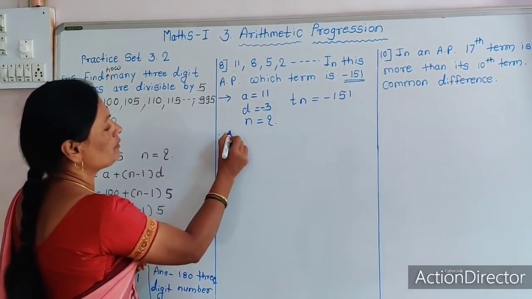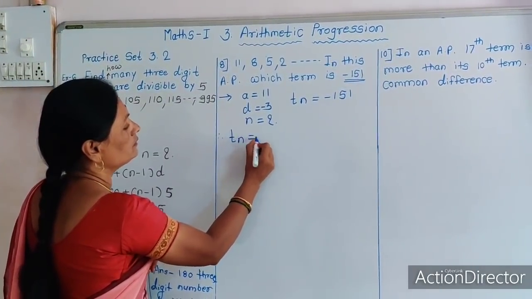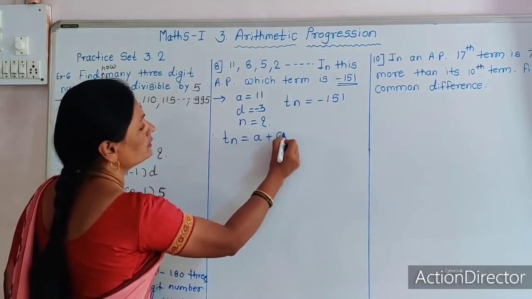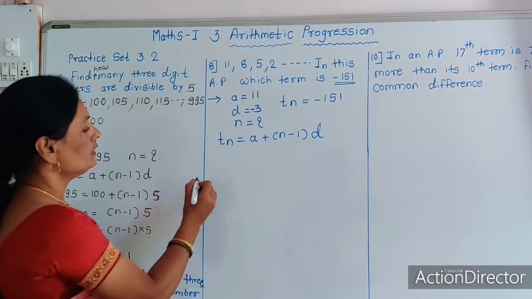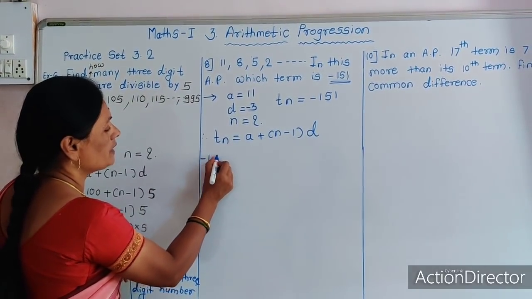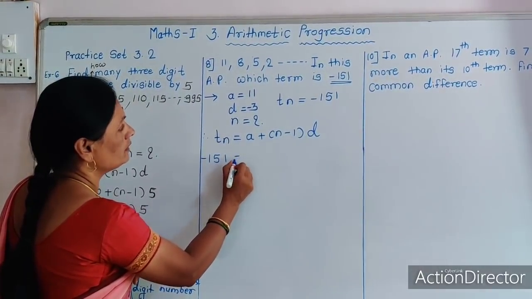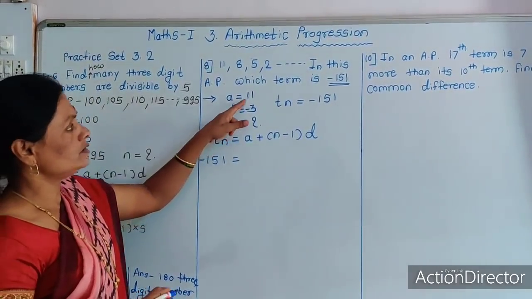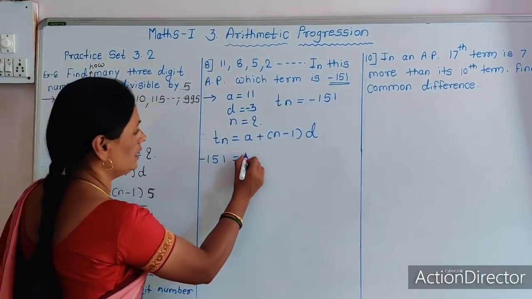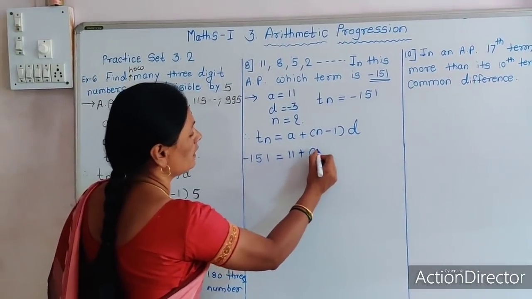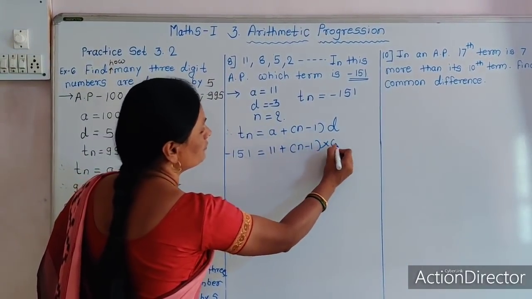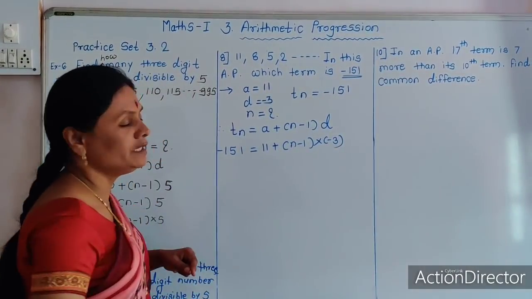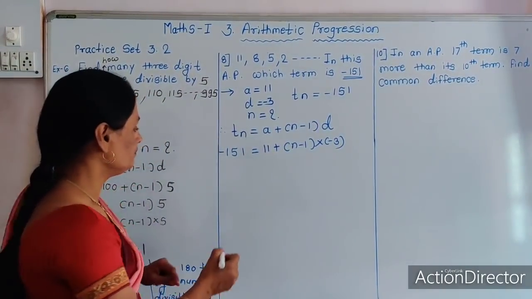Now first we write the formula. Tn is equal to A plus n minus 1 into D. The value of Tn, minus 151, is equal to the first term 11 plus n minus 1 into D, which is minus 3.